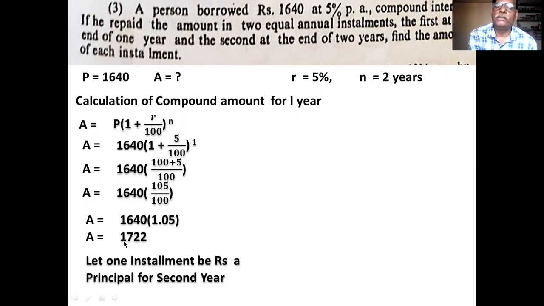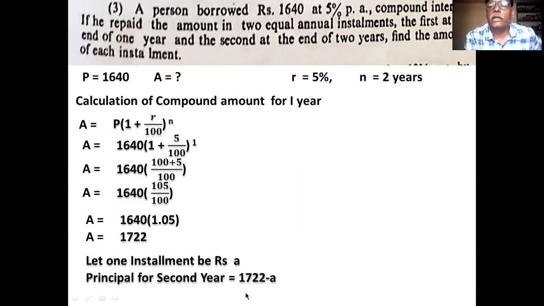In 1722, you deduct the amount paid as installment, A. Therefore, the balance is 1722 minus A. I'm not able to deduct it directly because one is a numerical term and another is an alphabetic term. So this is the principal for the second year.